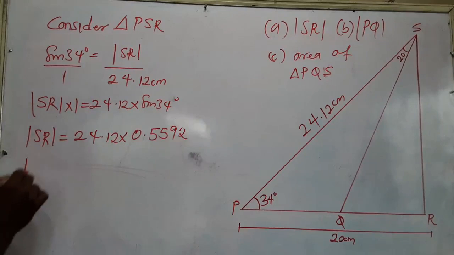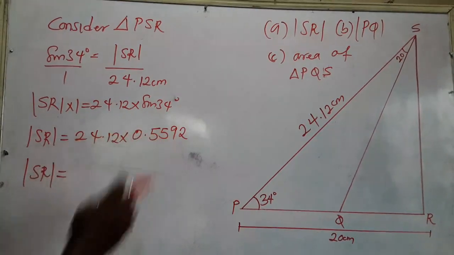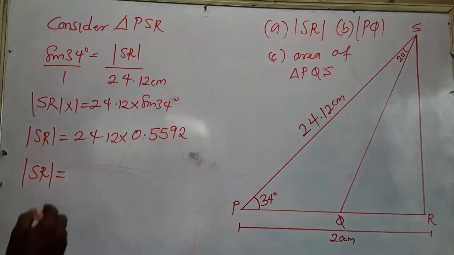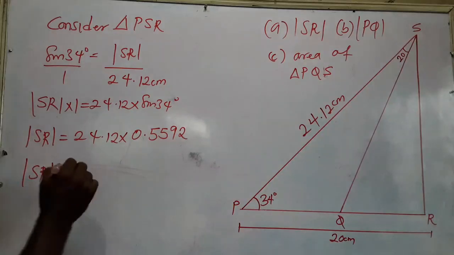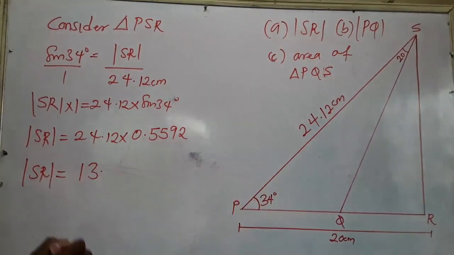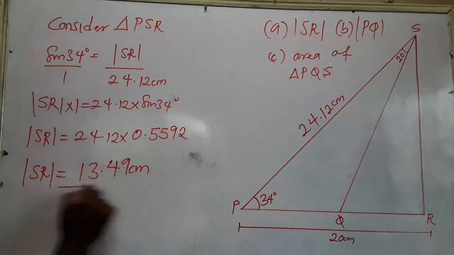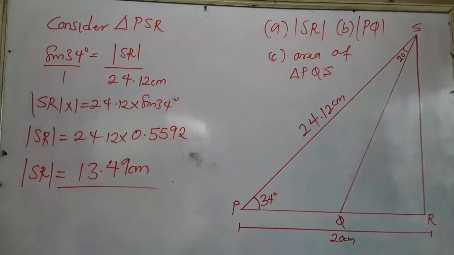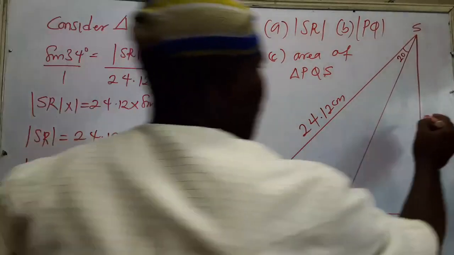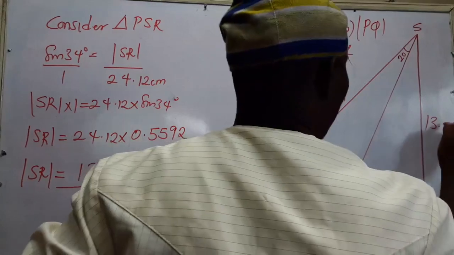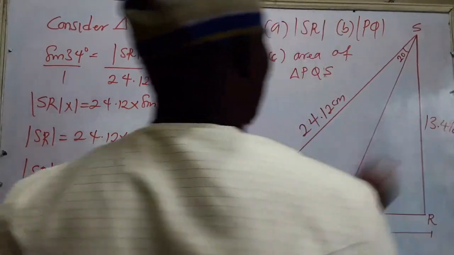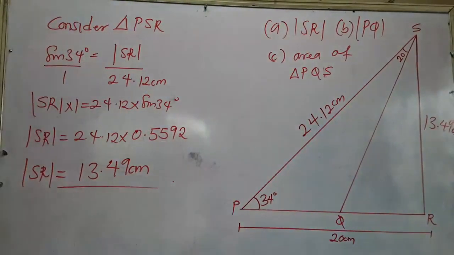So by the time we multiply, we get the value of XR to be 13.49 centimeters. So the value of XR is now 13.49 centimeters.